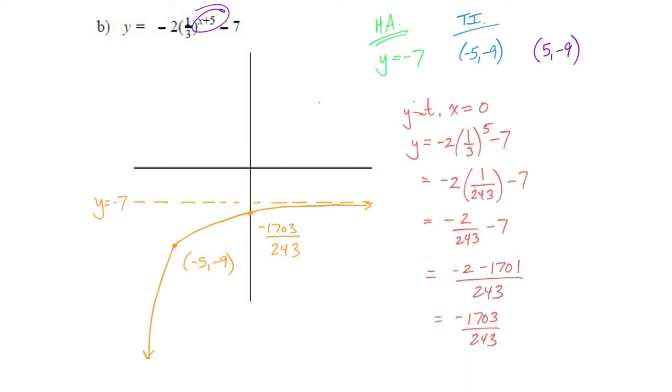Now, what I'm going to do is I'm going to go through and I'm just going to put on my new intercept, my asymptote, and the point 5, -9.